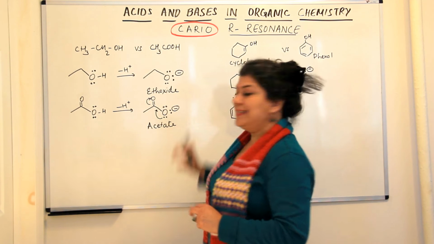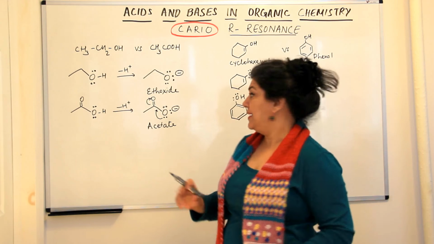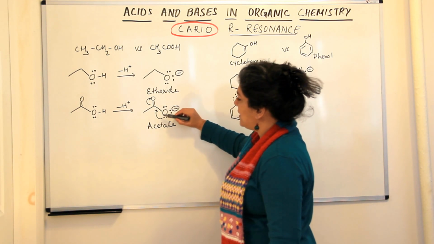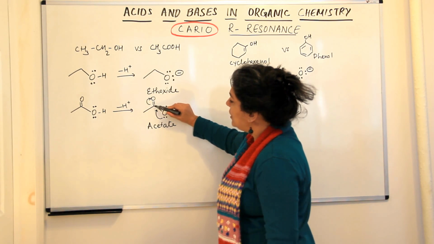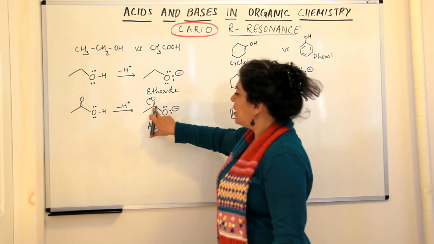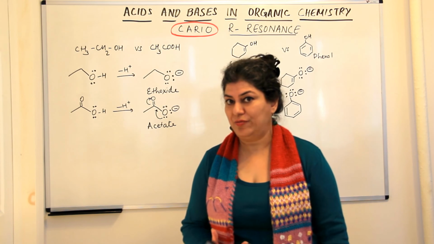But when we look at the acetate ion, we find that there is resonance possible. A lone pair of electrons present here, I've already made these arrows, can move to the next single bond. And when this happens, this carbon will now have 5 bonds, and carbon is not allowed to have 5 bonds.